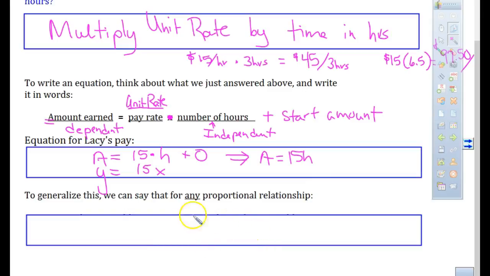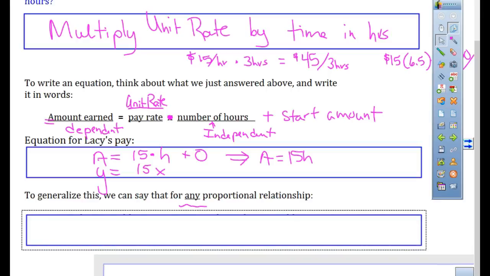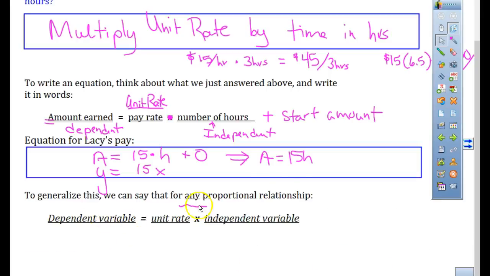So it says if we're going to generalize this for any proportional relationship, remember, proportional relationship starts at 0, 0, has a constant rate of change. Dependent variable, which is kind of what we had here, times the unit rate, or equals the unit rate times, this is our multiplication, the independent.